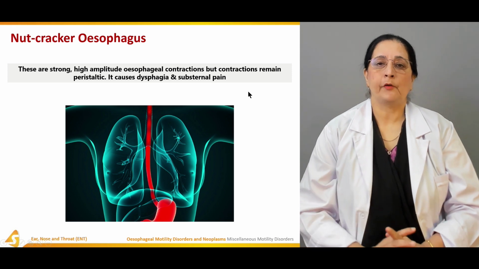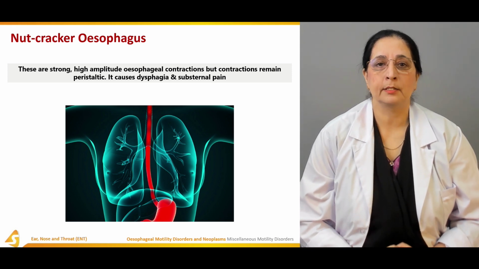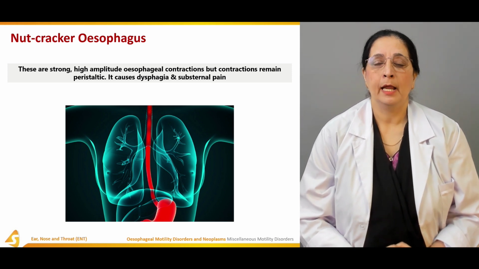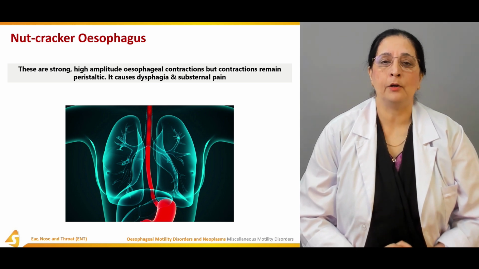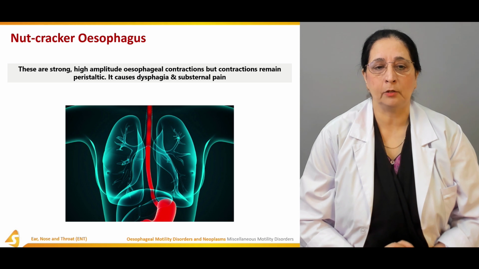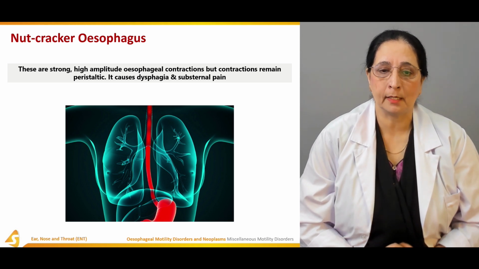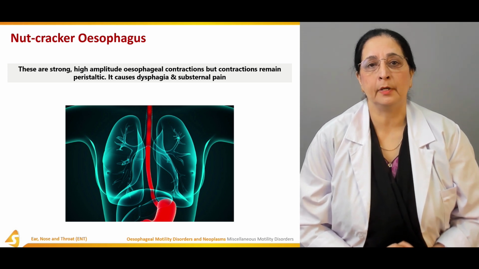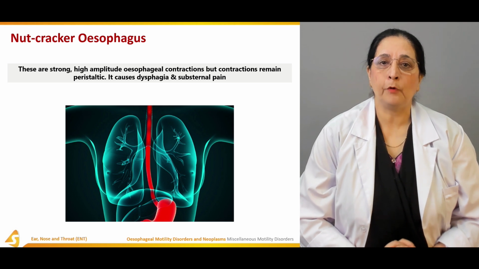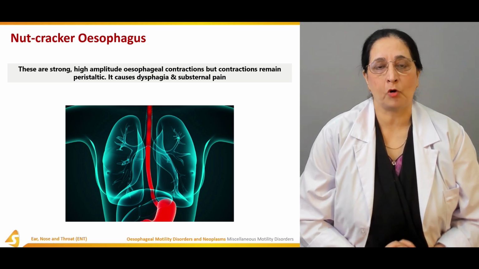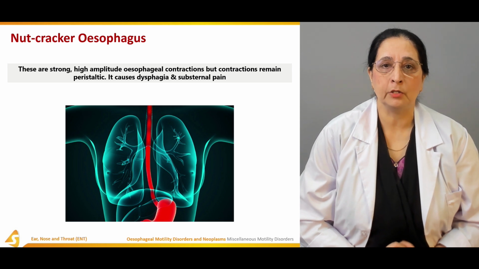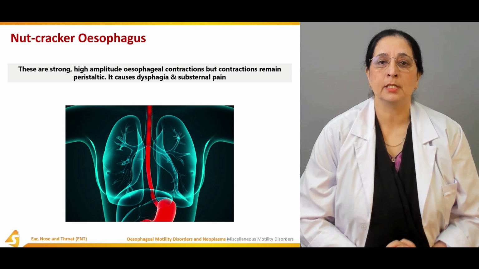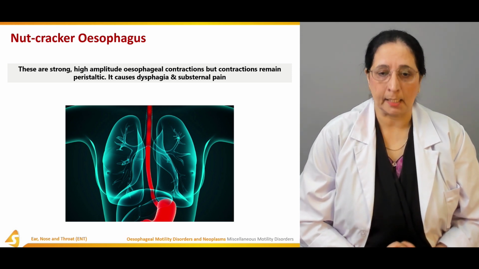These contractions are like peristaltic contractions, so they remain peristaltic. They are able to push the content of the esophagus forward, but the only problem is they are very strong, high amplitude esophageal contractions.